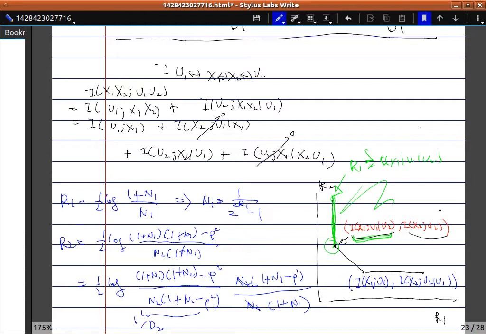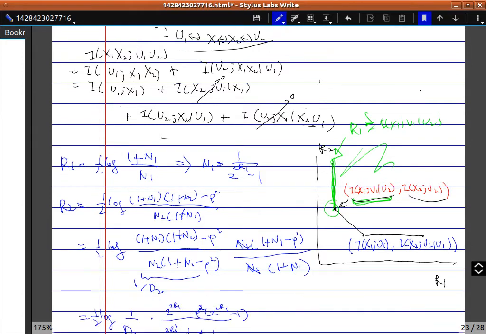And for this one, it turns out it's just equal to I(X2; U2). Why so? Because we can expand I(X1, X2; U1, U2) using the chain rule, expand in terms of U1 and U2, I have something like that. And then I expand again in terms of X1 and X2. I get basically 4 terms. But we find that 2 of the terms are equal to 0 because of the Markov chain here.